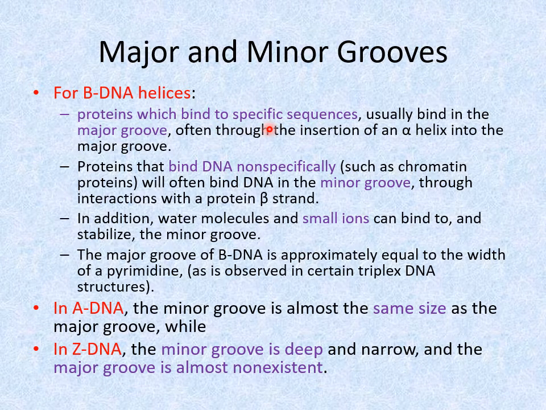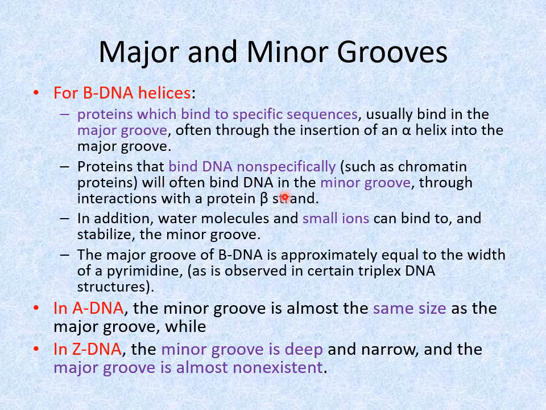The proteins which bind to specific sequences of nucleotides of the base pairs are present in the major groove, while the minor groove provides the site of attachment for the proteins which bind to the DNA molecule non-specifically. Furthermore, these minor grooves are the site of attachment of various water molecules and other small ions also.